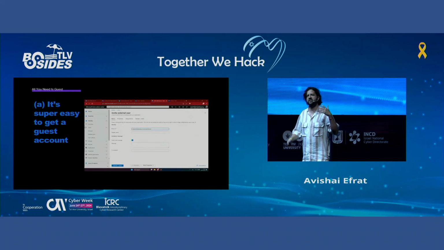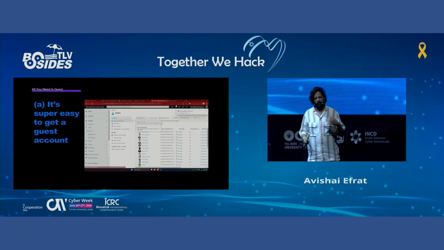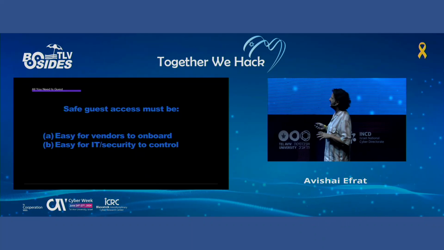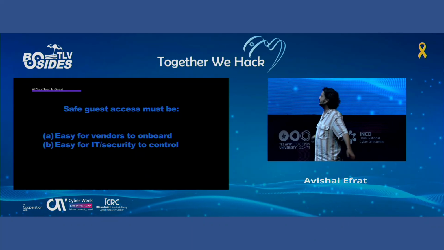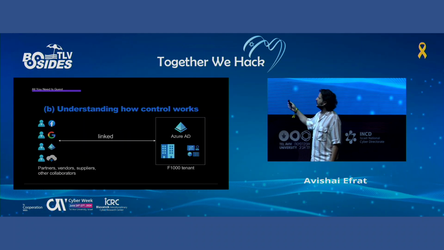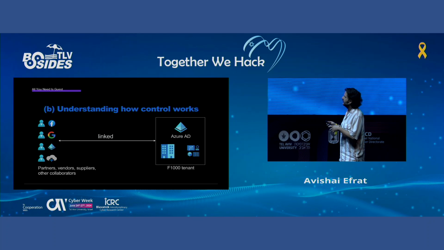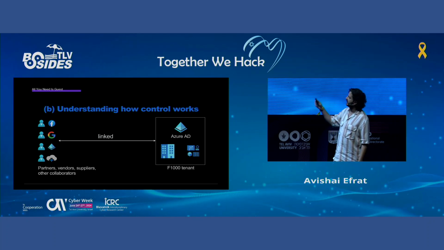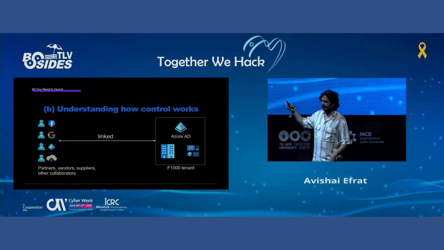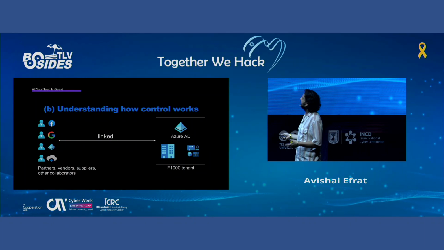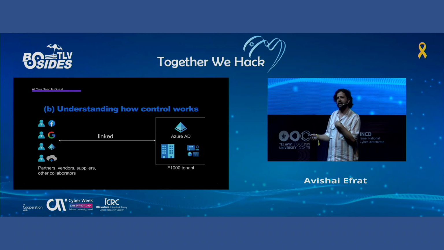So we can agree that point one happens, right? And this is a provision-specific type of access, and we'll talk about what that means shortly, okay? But let's talk about the second thing. Is it really easy for IT and security to control? Well, in order to answer that, let's actually understand what happens, okay? On the left side, we have the identity providers of the external entities, the guests. On the right side, we have the identity provider for our organization, okay?